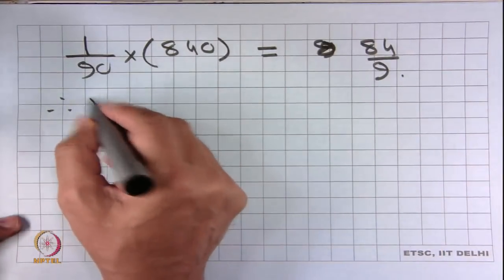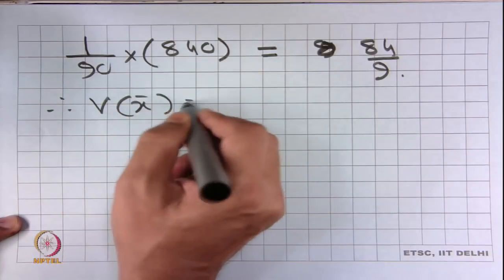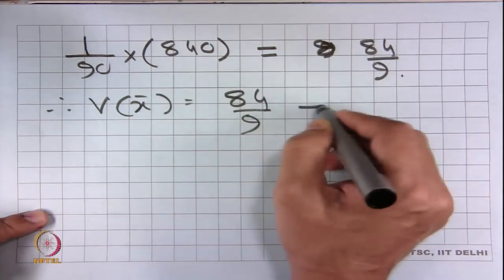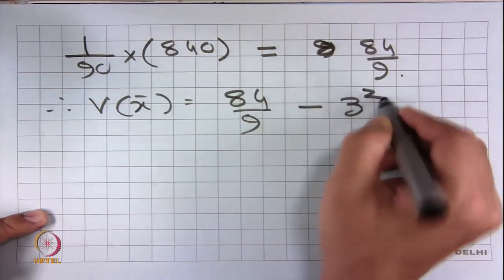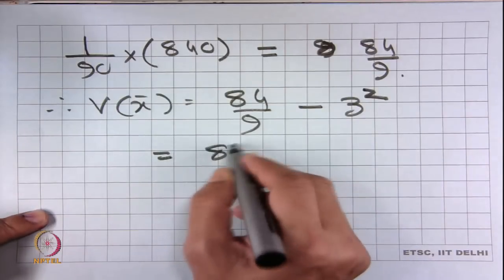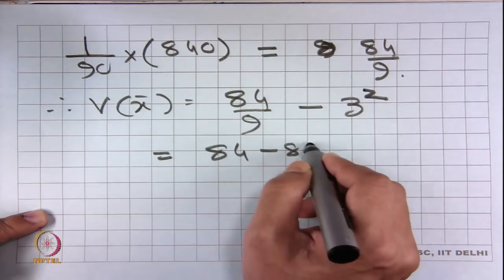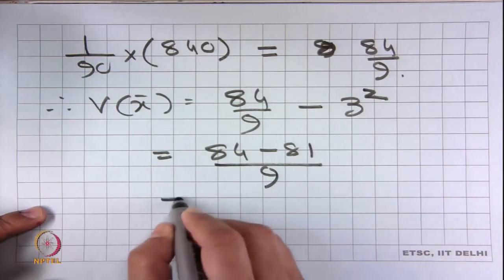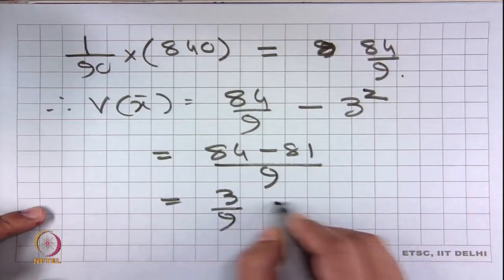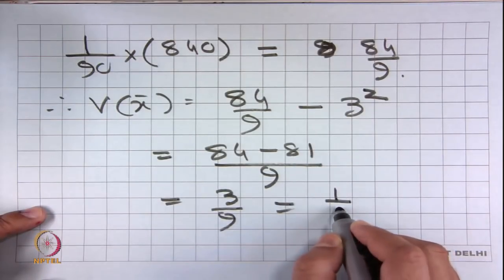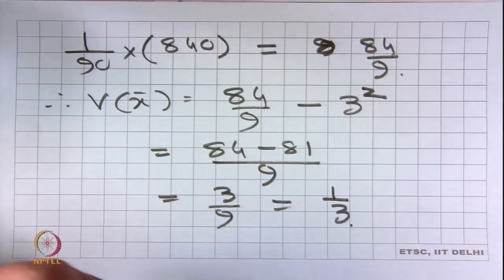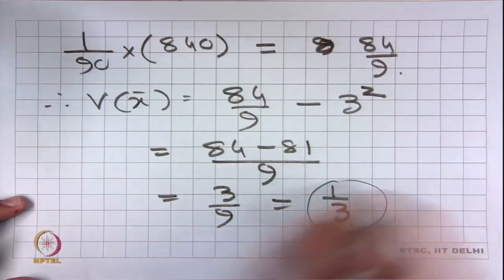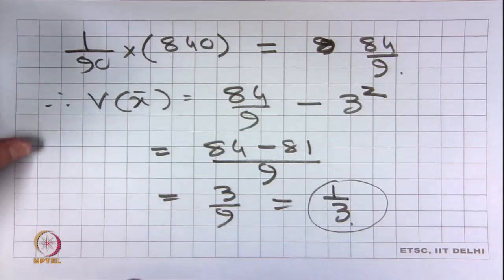Therefore, variance of x bar is equal to 84 by 9 minus 3 square, which is 84 minus 81 upon 9, equal to 3 upon 9, equal to 1 upon 3. Therefore, under SRS WOR, the variance is coming out to be 1 upon 3.